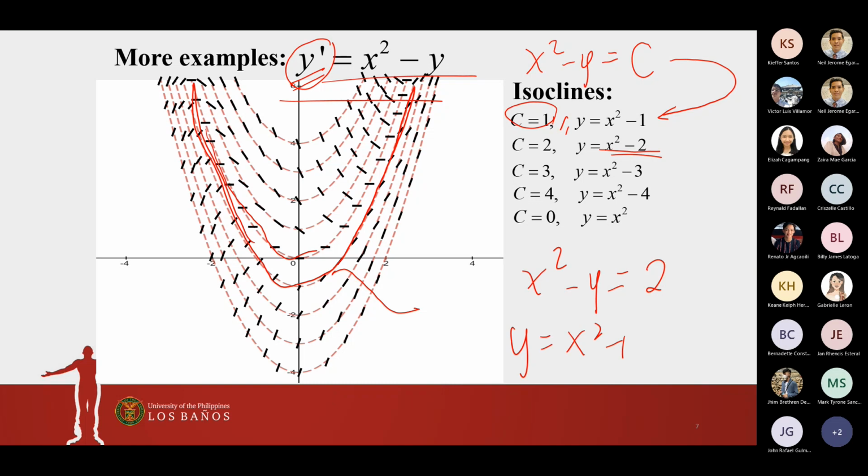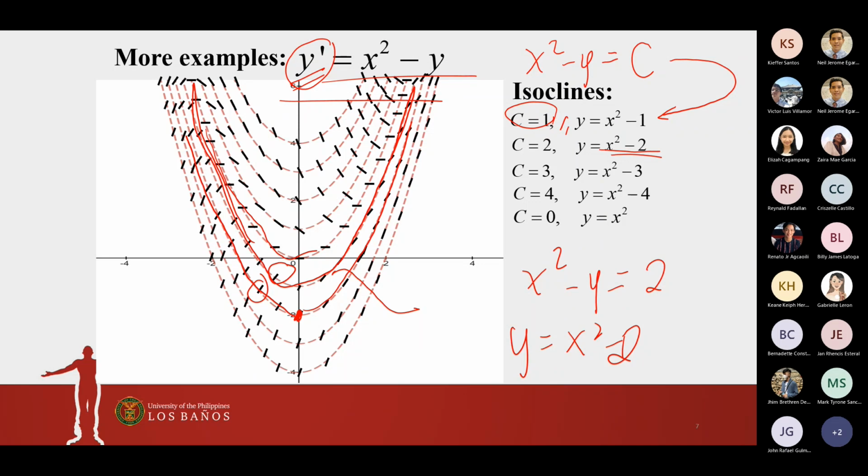So it's a parabola whose vertex is at 0, negative 2. So that is the parabola passing through this vertex. So ito yan. Tapos makikita nyo along that parabola, I drew line segments na ang slope ay positive 2. So mas steep yung line segments na dinrawing ko dito kasi ang slope nila ay 2, compared to the previous line segments that we have drawn.